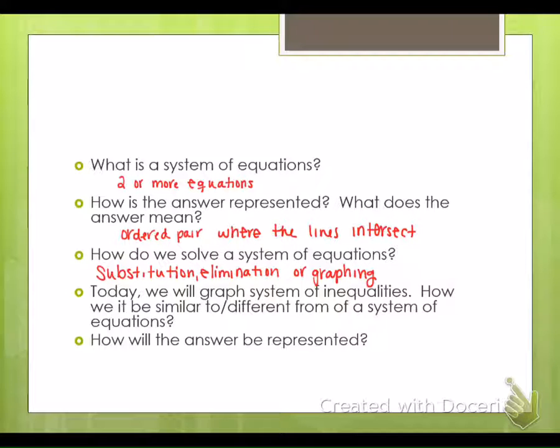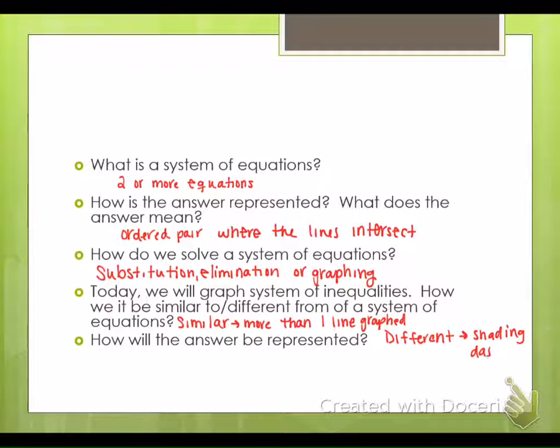So today we will graph a system of inequalities. How will it be similar or different from the system of equations? So similar is you're going to have more than one line graphed on there. Different is you're going to have shading, dashed or solid lines.